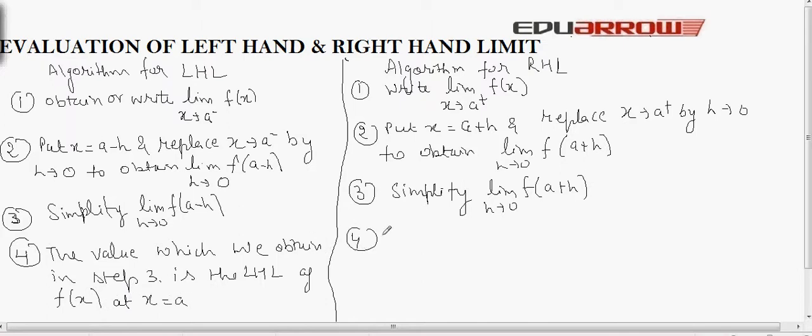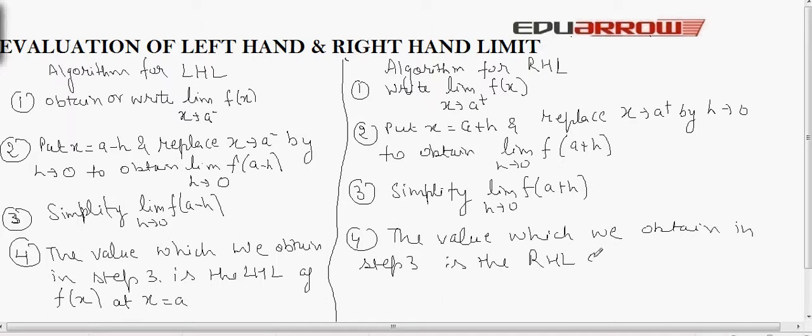Similarly, here the value which we obtain in step 3 is the right hand limit of f(x) at x equal to a. So, both the algorithms are in contrast to each other.